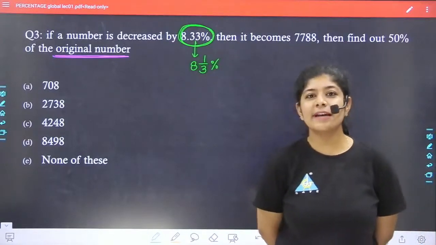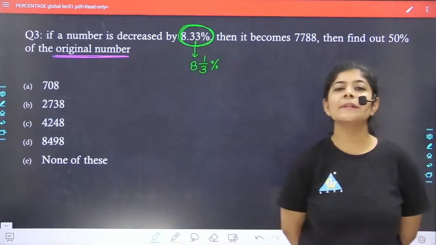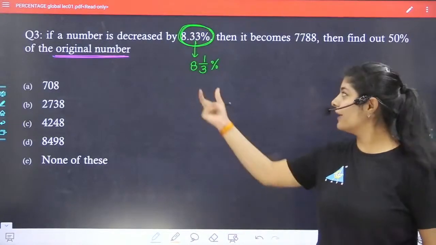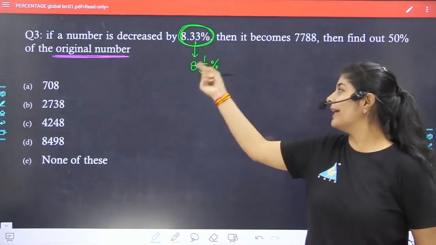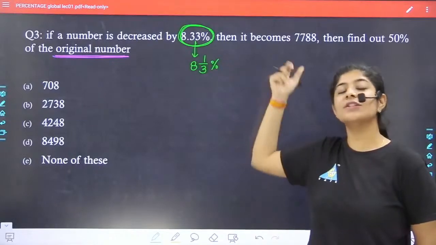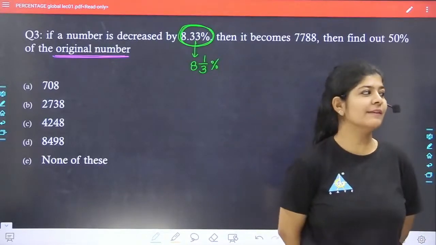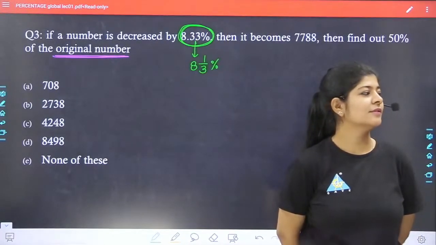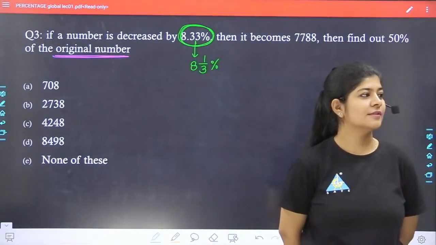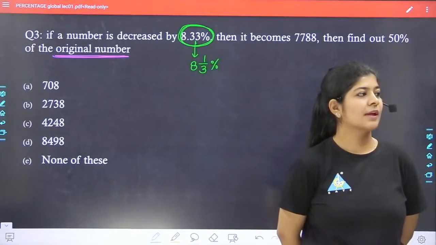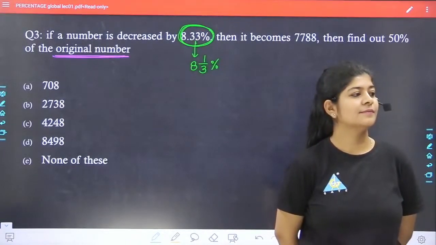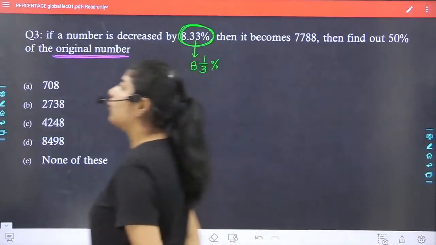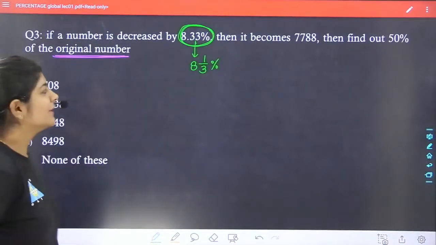How do I write 8 1 by 3% into fraction? Okay, first tell me what I'll write 8 1 by 3 percentage into fraction. 4 by 7? No. How I'll write 8 1 by 3% into fraction?